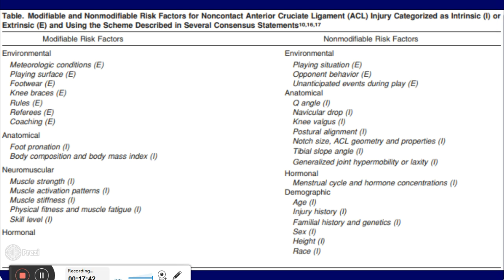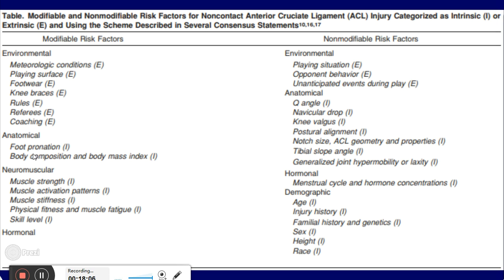We include environmental risk factors, such as footwear and playing surface, and then anatomical issues, such as foot pronation, body composition, and BMI. Those things can be adjusted.